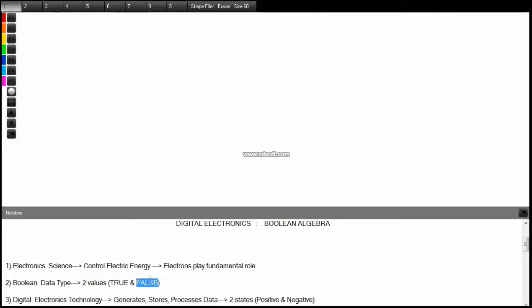Fine. Now how do we match our true and false values with the positive and negative states? It is never true that whenever a condition is true, the value has to be positive, and whenever a value is false, it has to be negative. No, it totally depends on the requirement of the circuit.